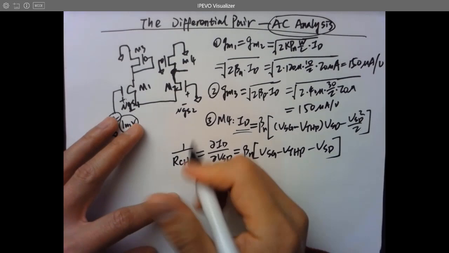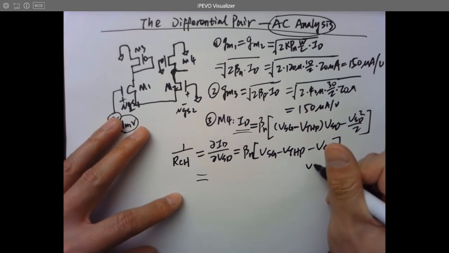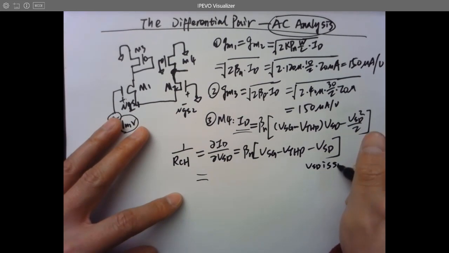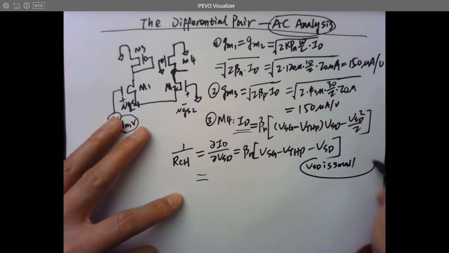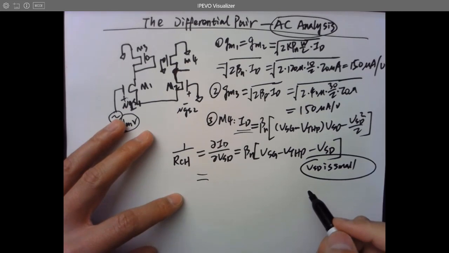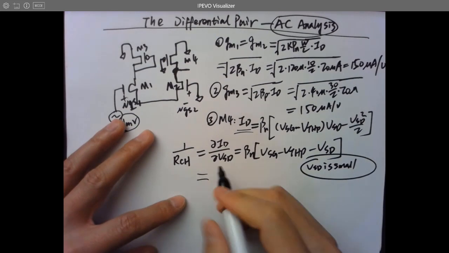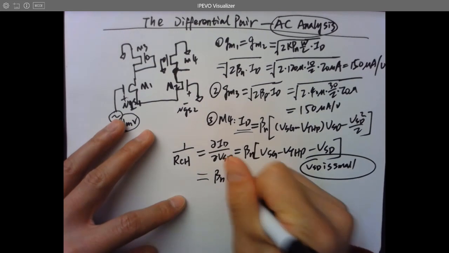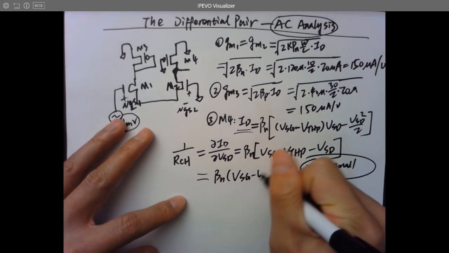Further, because M4 is being operated in the triode region, VSD is small, so we can totally ignore it. So this equals beta n times VSG minus VTHP.